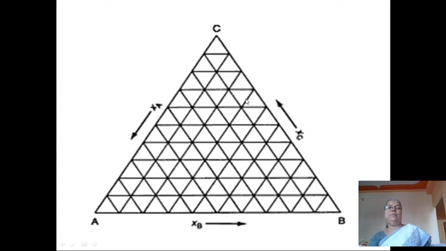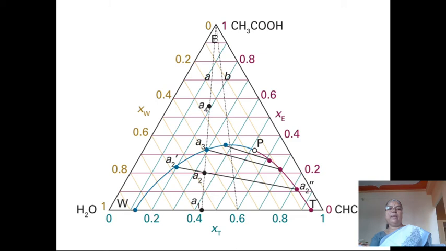With the help of this, we can study the three component system. Many types of three component systems are possible, but we will discuss only the acetic acid, chloroform and water system.